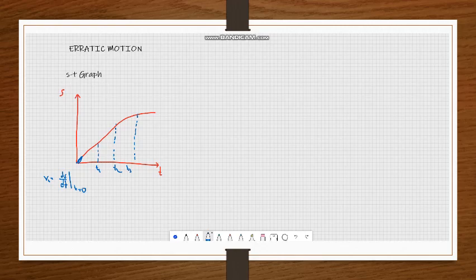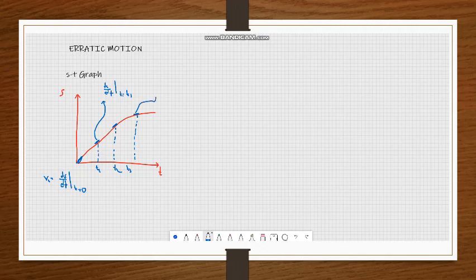If I want to take this time t1, the velocity, I need to take the derivative of position with respect to time, where time is equal to t1, and same thing on this slope and on this slope.